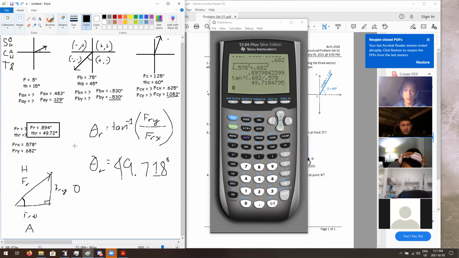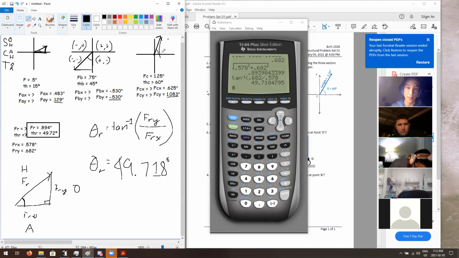Okay. So let's just review how we got here, all right? We took the component vectors of each of these vectors, took the x and the y of each of these vectors using trigonometry to get the x components and the y components of each vector. Because now they're all pointing in the same direction, in the x direction and in the y direction.